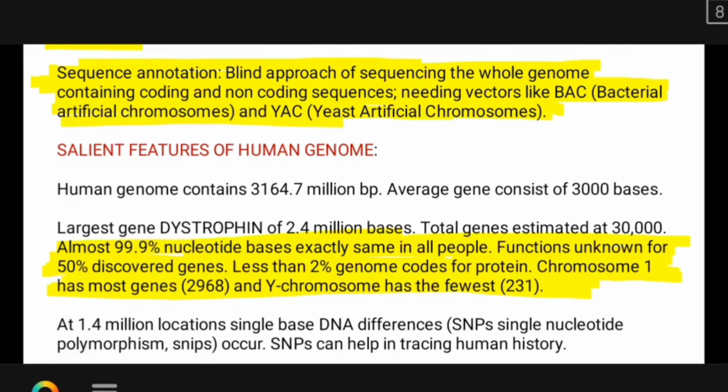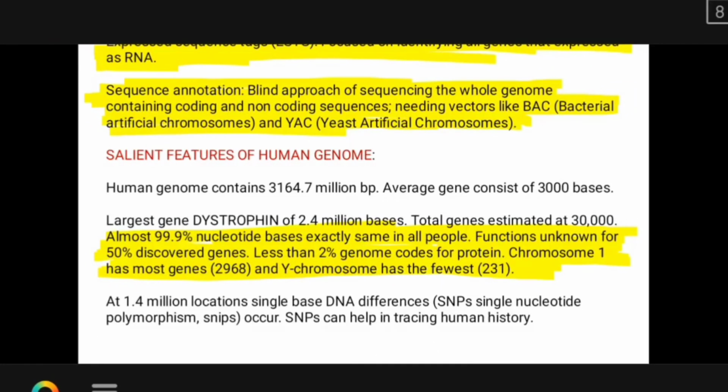So here there are many points to be remembered. One is the human genome has around 3 point something into 10 raised to 9 base pairs, that is around 3 billion base pairs, and every gene consists of around 3000 bases, and the largest gene dystrophin has 2.4 million bases.